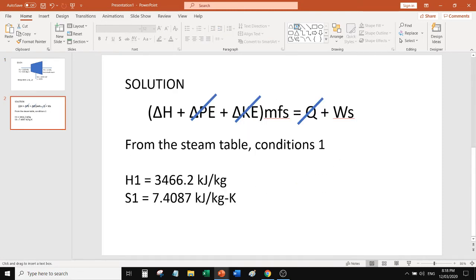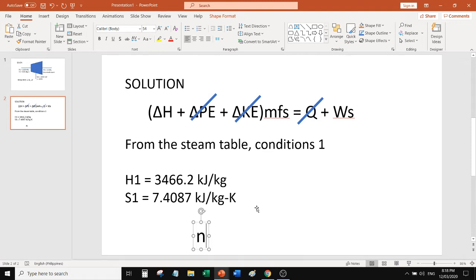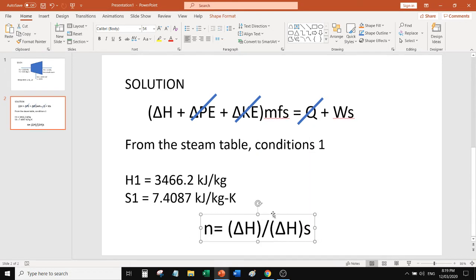Kasi, di ba, efficiency ay equal sa delta H actual over delta H ideal or isentropic.